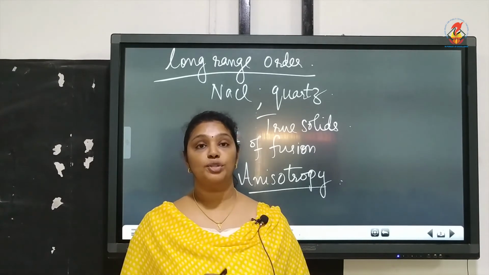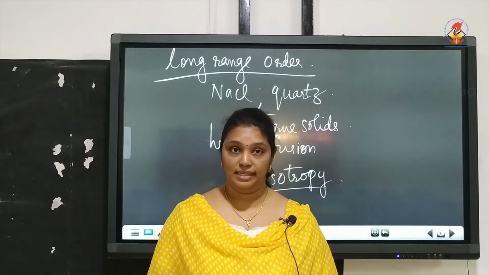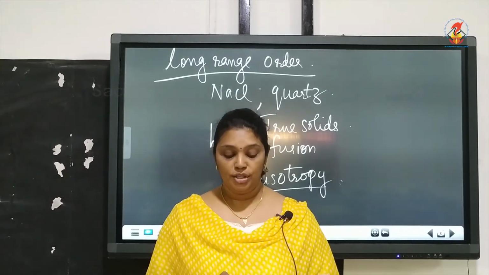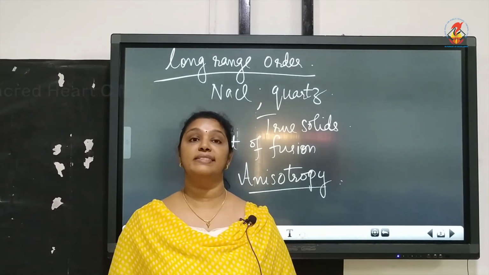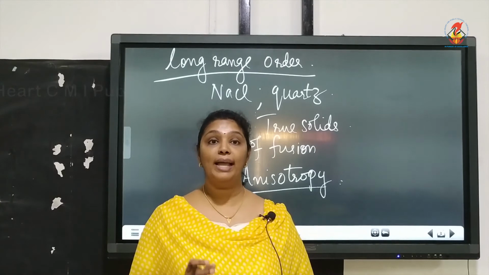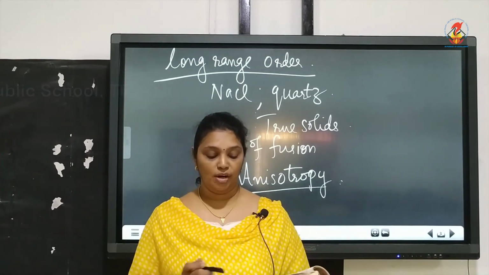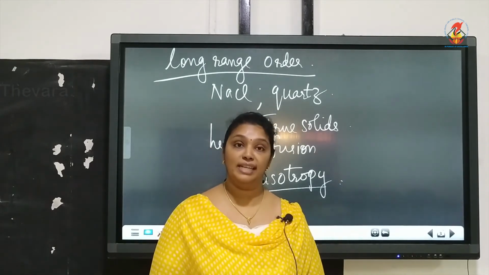So, anisotropic property of crystalline solid means some of the physical properties of solids like electrical resistance and refractive index show different values when measured along different directions in the same crystal. And why are these values of physical properties different? This is because of the different arrangement of particles in different directions.